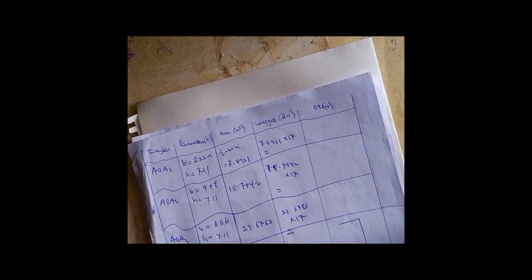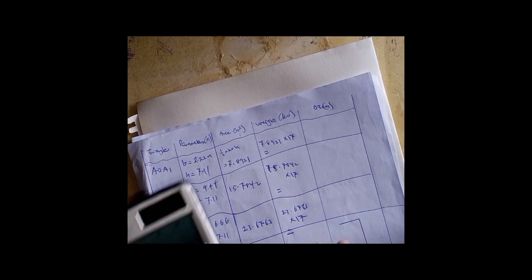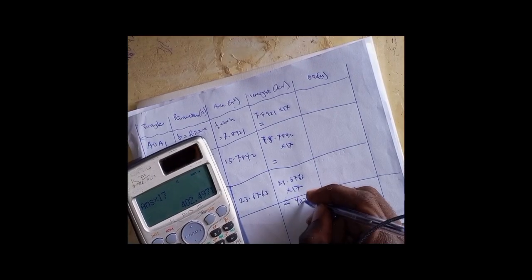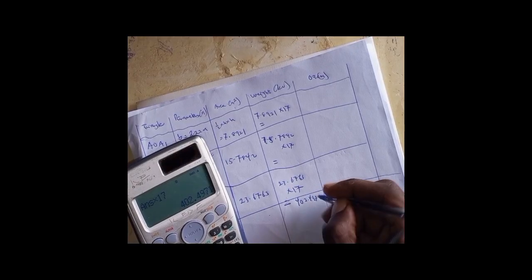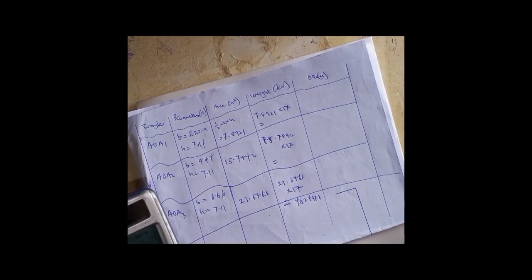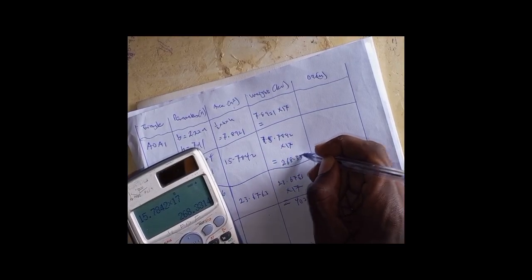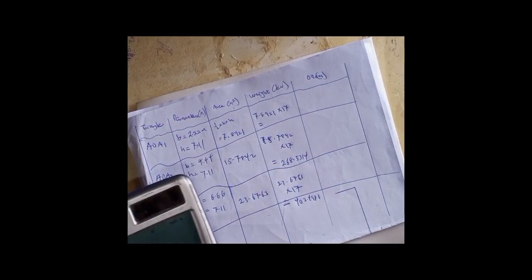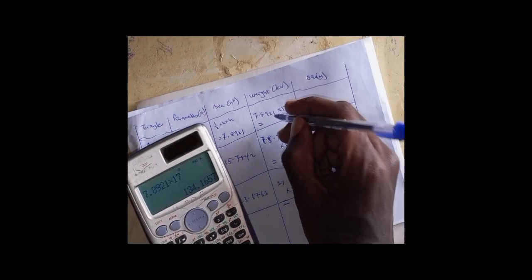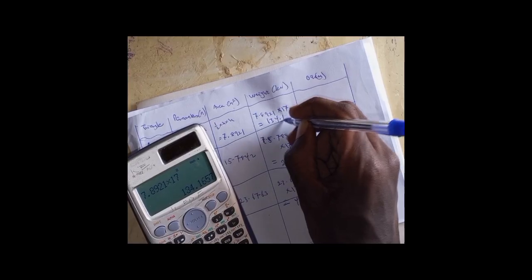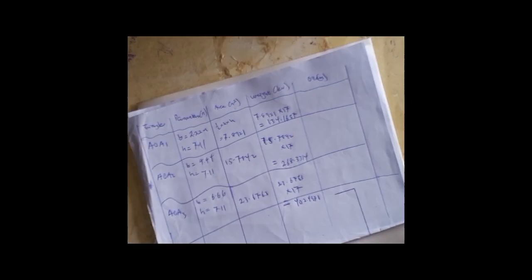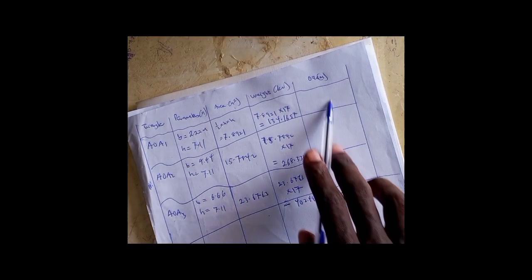So in doing this, for the last part, I get 402.4971. Then for this part, 15.7842 by 17, I have 268.3314. Then 7.8921 by 17, 134.1657. Right. The next thing is to find your OA.